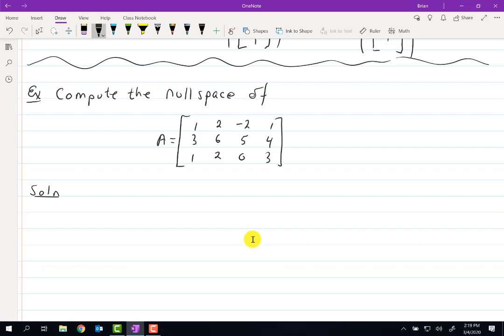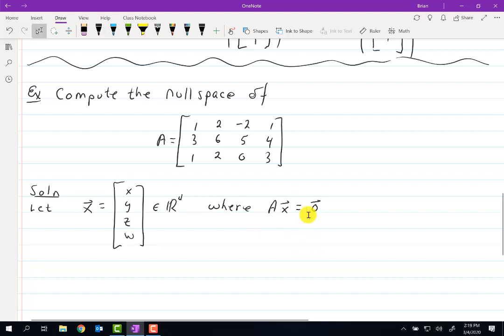So what I'm going to do is allow x to equal x, y, z, and then w, and that, of course, is in R^4. So we're going to let x be that, where Ax is equal to the 0 vector. Of course, the 0 vector here is in R^3. That matches the number of rows of the matrix.